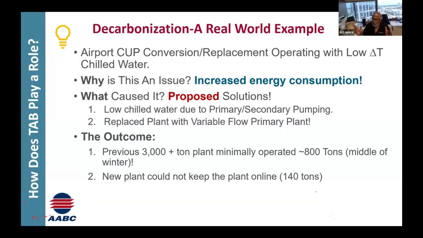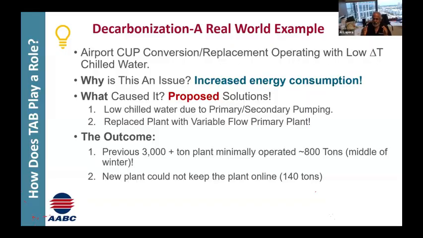When we converted the plant to variable flow primary, again, it was a brand new plant, that didn't make the building any more efficient. It only made the plant efficient. Well, what we saw here is that in the middle of the winter, we couldn't keep the plant online because we had 1,400 ton machines and we were lower than 140 tons.